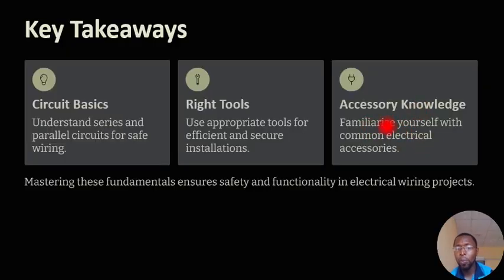We mentioned some of them, like our lamp holder, our switches, and so on. So it is very important that we familiarize ourselves with all of these electrical accessories and master them so that we can carry out our electrical wiring project efficiently and effectively.